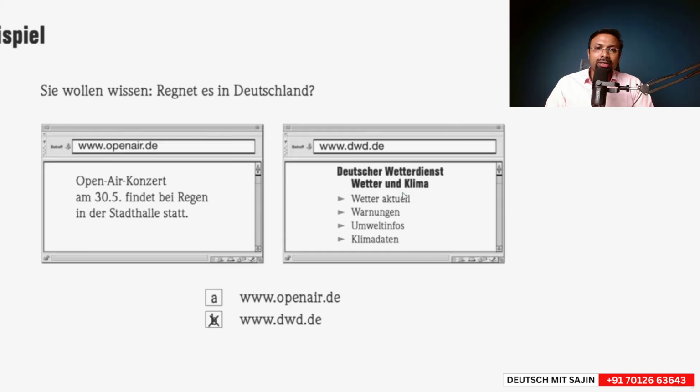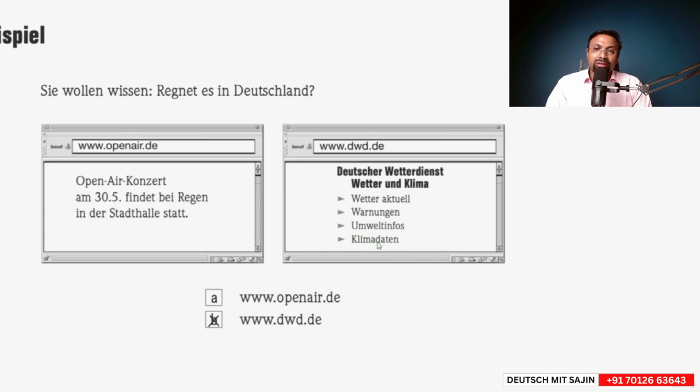Wetter aktuell, the current weather. Warnungen means warnings. The Warnung is the warning and this is the plural form. Infos, information about the environment. Klimadaten, data about the climate.